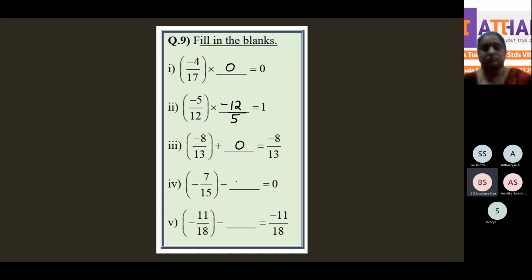Minus 7 by 15. In bracket, right? In bracket, ma'am. Very good. Anantika, last one. 0. Very good. Children, kindly make a note of all this. Take it down.